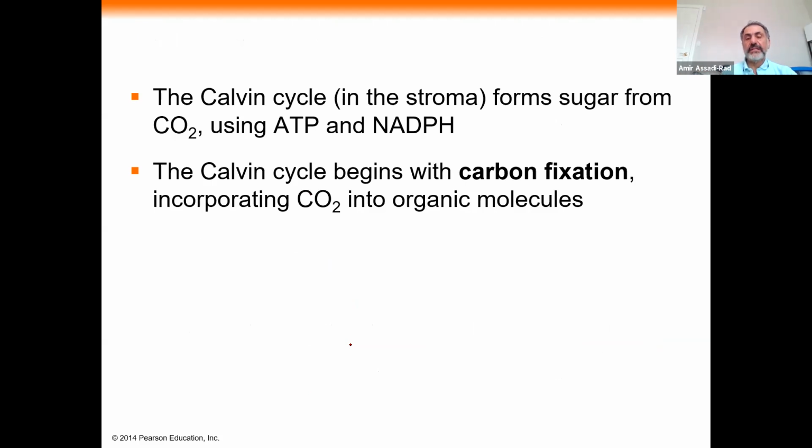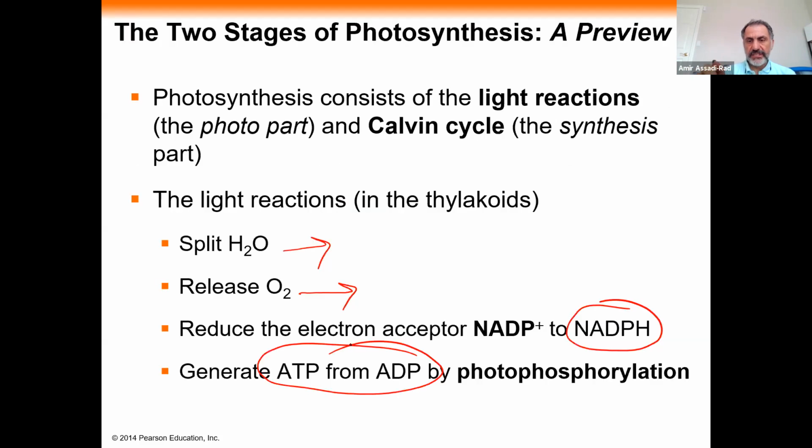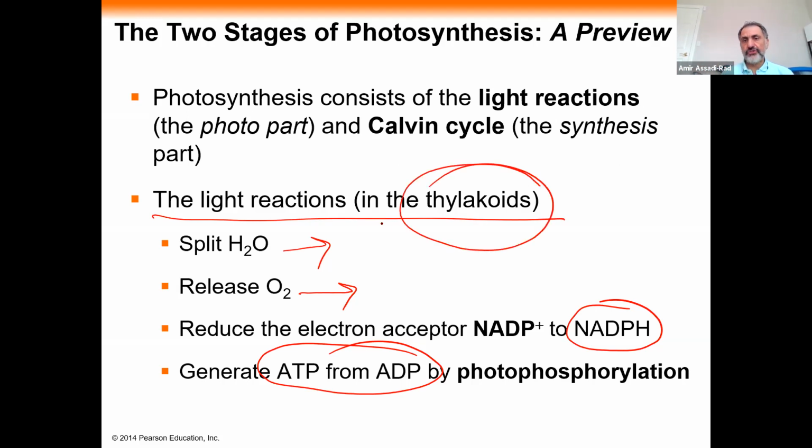The Calvin cycle, the light independent cycle that you will see in the diagram, does not need light energy. Here in the light reaction, you do need it, and it happens in the thylakoid.